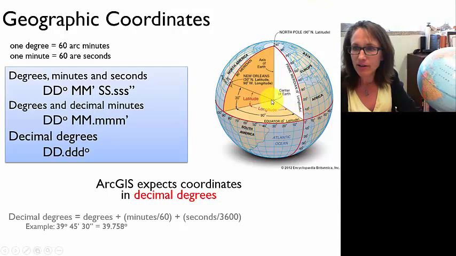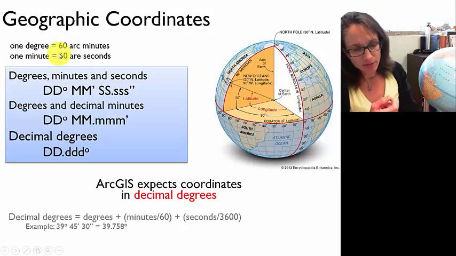And this diagram here helps explain that a little better. So we go from the center of the Earth, and this is showing the location of New Orleans. The latitude is this 30-degree angle. If we start at the equator and we go up 30 degrees, then we hit New Orleans. And if we start here at the prime meridian and we go west 90 degrees, we get to where New Orleans is.